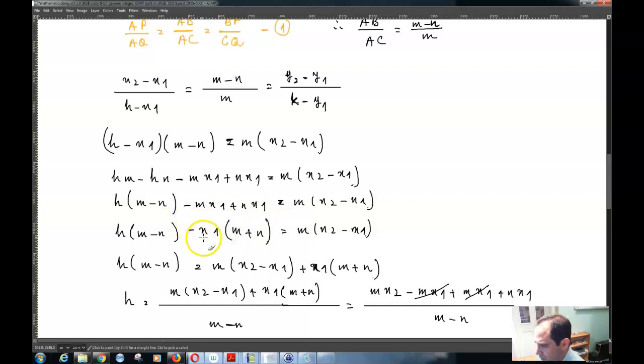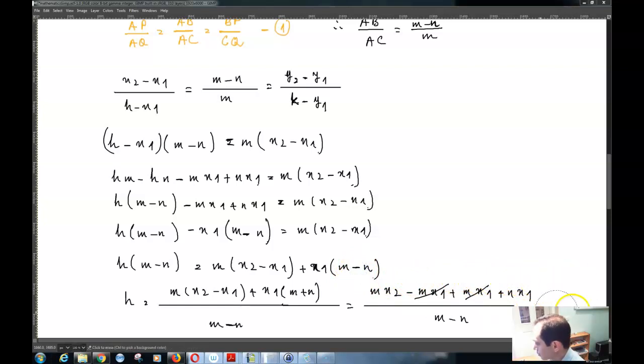I think I made a mistake over here. So h times (m minus n) and negative x1, so that becomes a negative over here. Of course that becomes a negative because you have positive n x1, so you have to write it as that, and then take it to the other side of the equation. This becomes x1 times (m minus n).